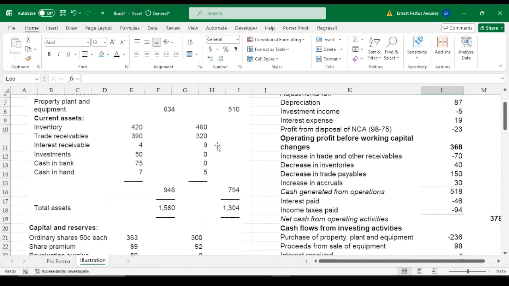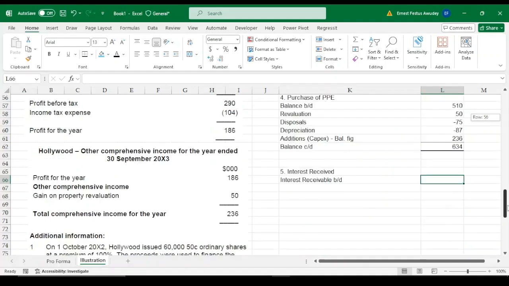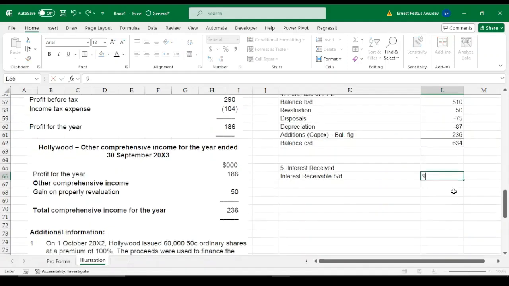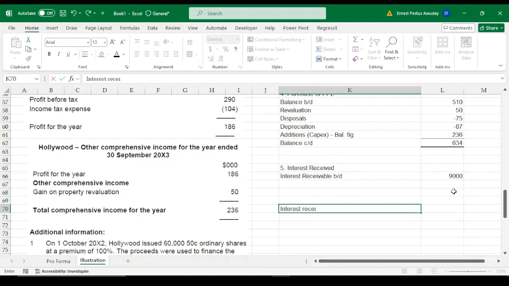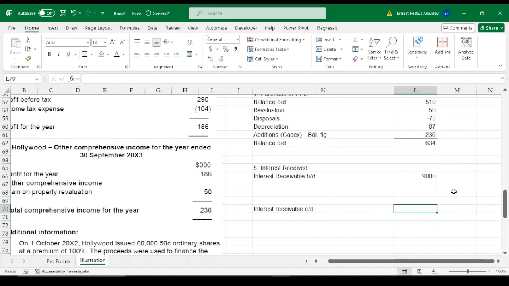So interest receivable at the beginning of the period was 9,000. At the end of the period it is 4,000. So quickly, I'll come here and put those there. So this is 9,000, and then interest receivable carried down is 4,000.